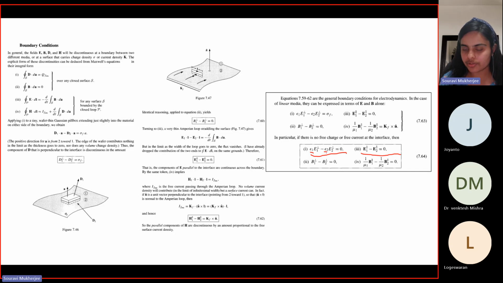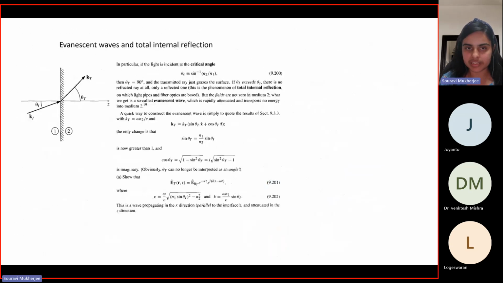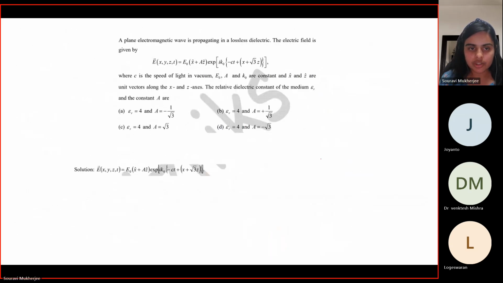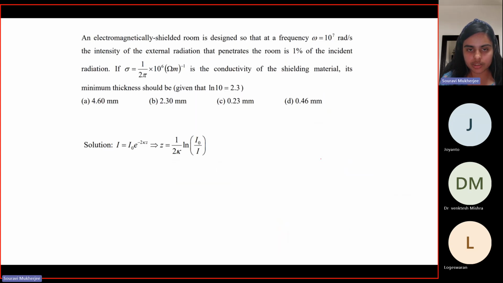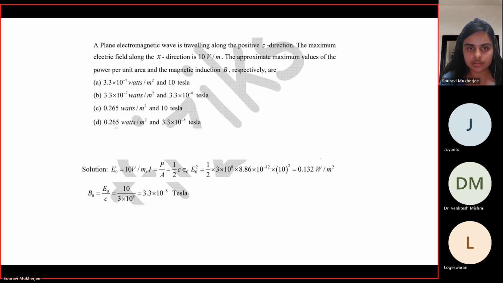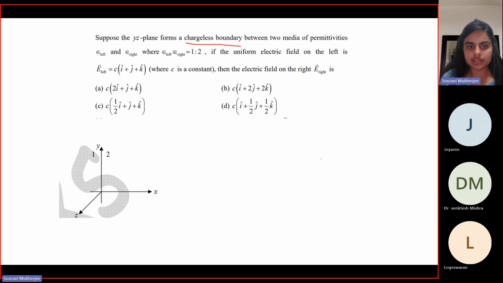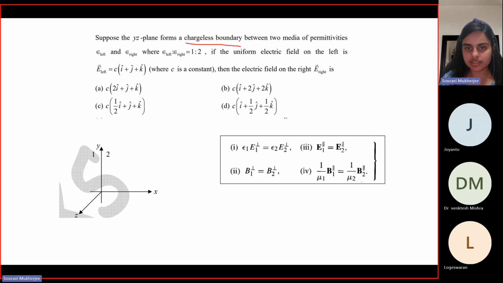Okay. So now let us go back and see how these relations can be used to find the electric field on the right. So these are the two relations that we have to use. Now, if you look at what it is saying, your interface is in the YZ plane.